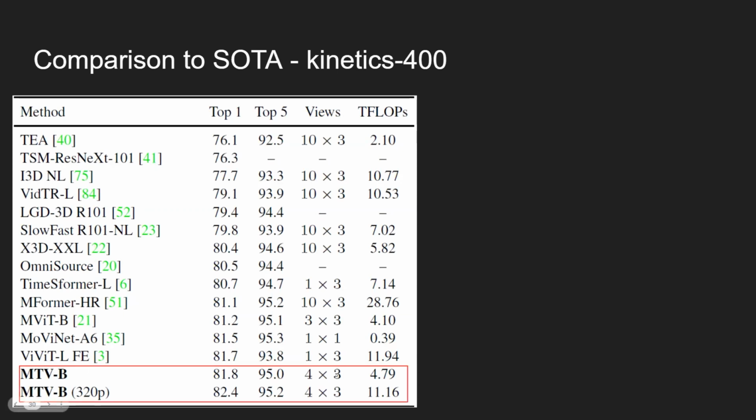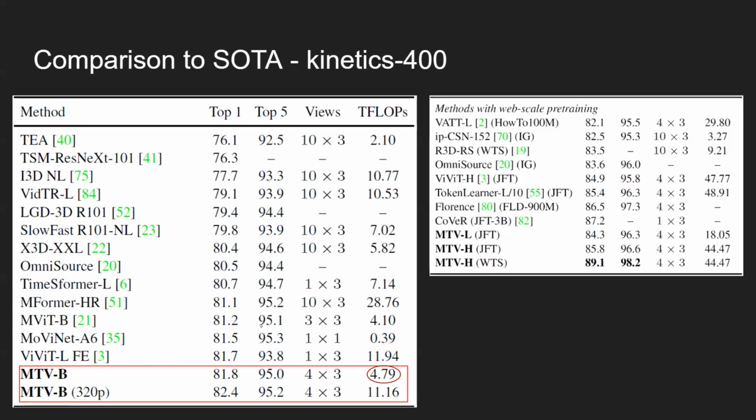And if you see the red box over here, this is what their model performed. Again, the number of flops that MTVB, which is the base model, has used is 4.79 teraflops, which is around a 40% reduction, as I told earlier.